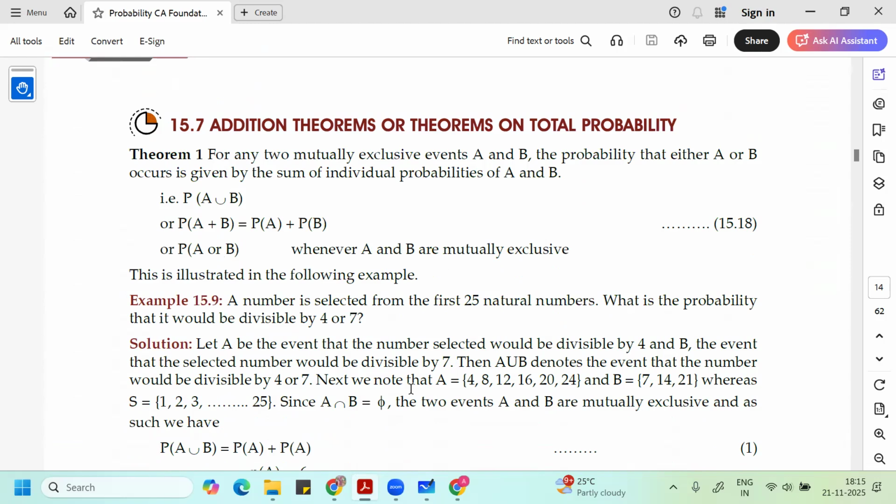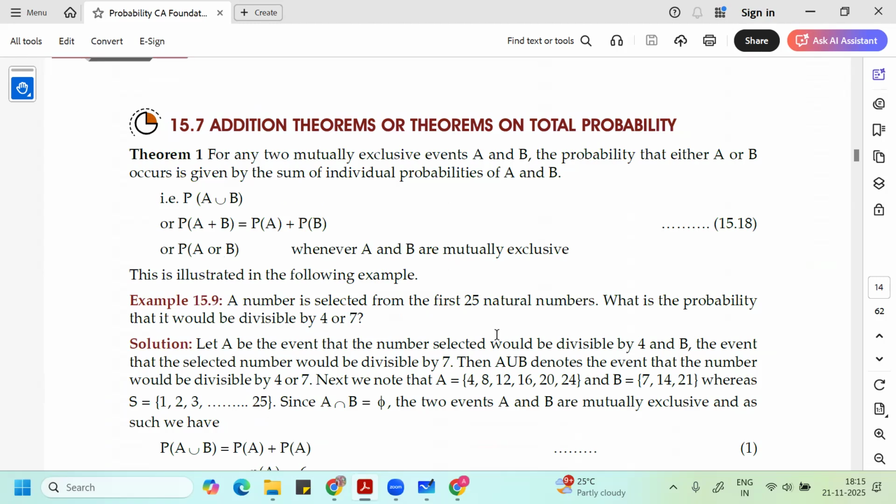Next question, a number is selected from the first 25 natural numbers. What is the probability it would be divisible by 4 or 7? From the first 25 natural numbers, how many numbers would be divisible by 4? That would be 4, 8, 12, 16, 20, 24, so there would be six numbers.